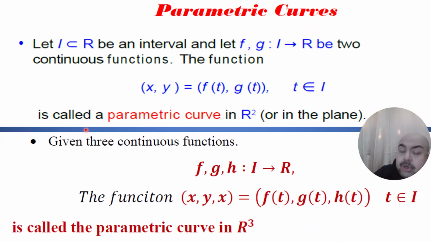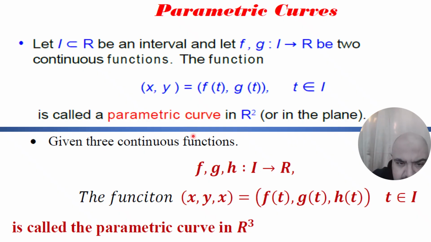In 3 dimensions, it's just a generalization of this idea. So if I were in 3 dimensions, instead of having just 2 components, x and y, I will have 3 components: in the x direction, y direction, and z direction.